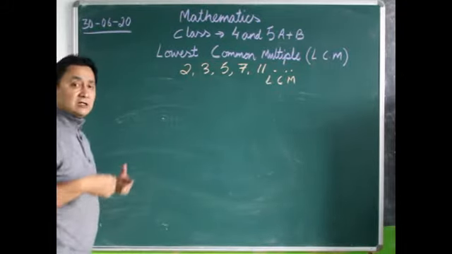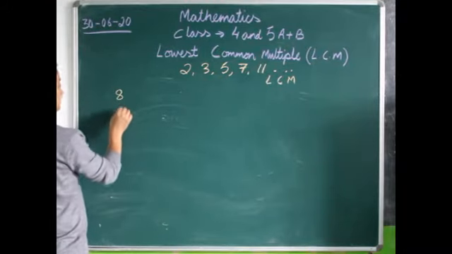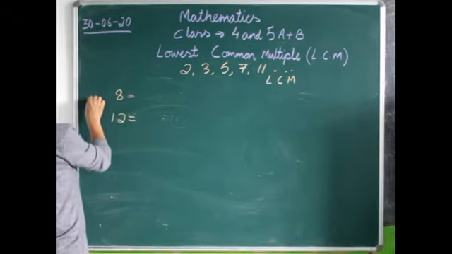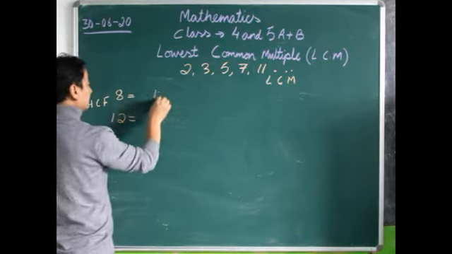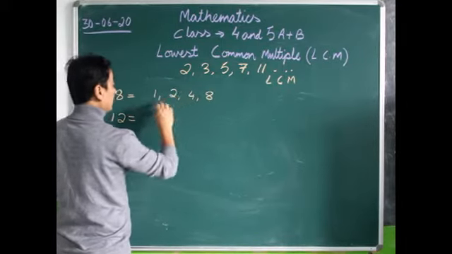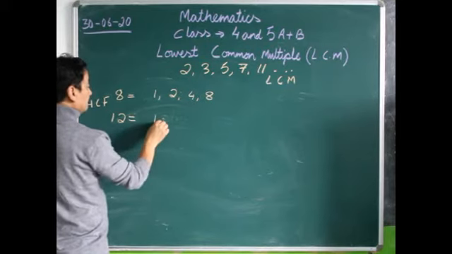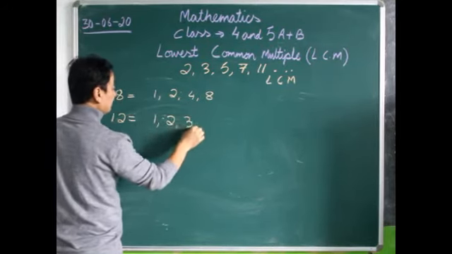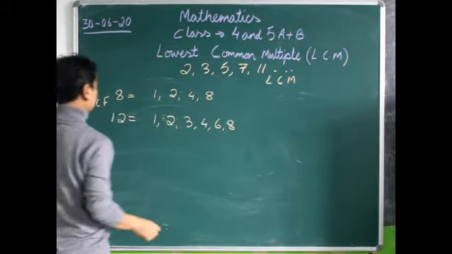Now let me do it in a different way, only factors. So 8, 12. This is HCF, okay? Which are the numbers that will go into 8 and 12? 1, 2, 4, 8. 1 8s are 8, 2 4s are 8. 1 12s are 12, 2 6s are 12, 3 4s are 12, and 6.